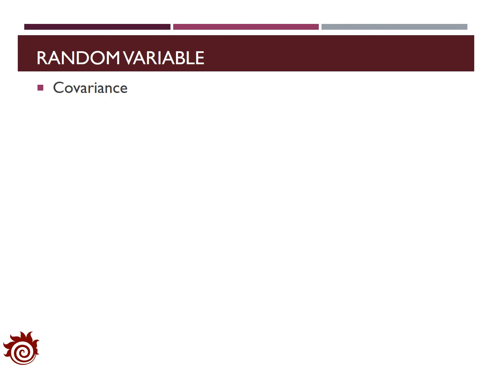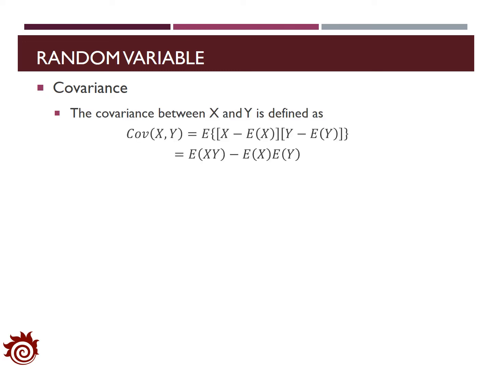The third feature of random variables is covariance, which is applied to measure the relationship between two variables. The covariance between X and Y is defined as the expectation of (X minus E[X]) times (Y minus E[Y]).